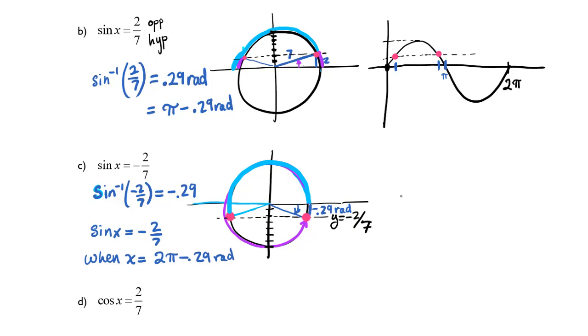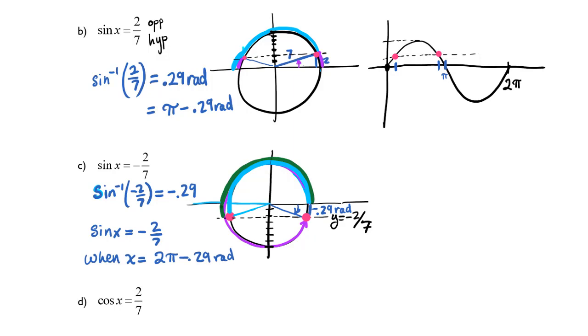And now you need to think about the other option, which is, what do I do for this side or angle in the third quadrant? Well, to get halfway around the unit circle, we would stop at pi. And if I want to get past that little additional part, we know that that's negative 0.29 radians in the fourth quadrant.